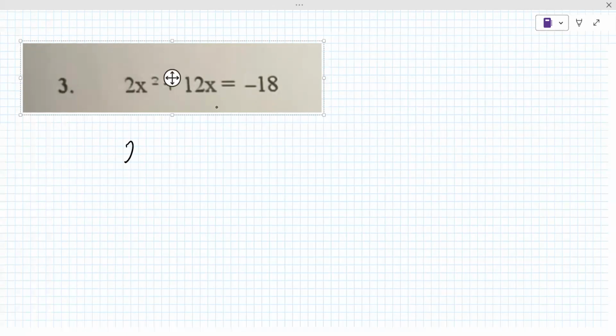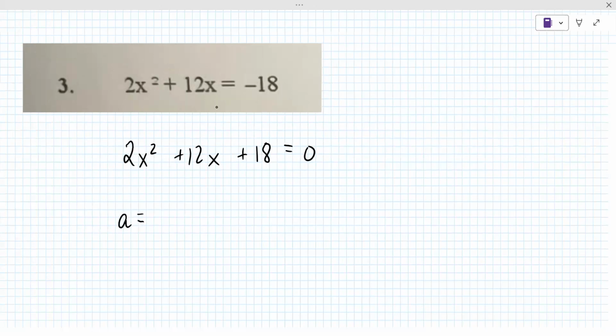So you're going to write 2x squared plus 12x plus 18 equals 0. There is a small little shortcut that you can use to solve this problem, but I'll ask you after we go through it this way. Will you calculate the b squared minus 4ac?